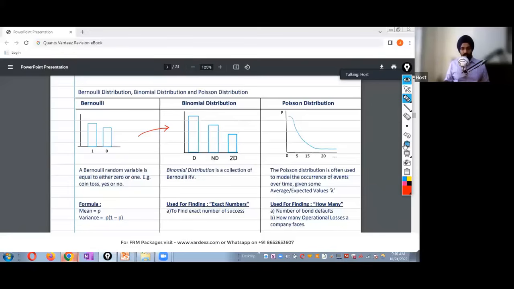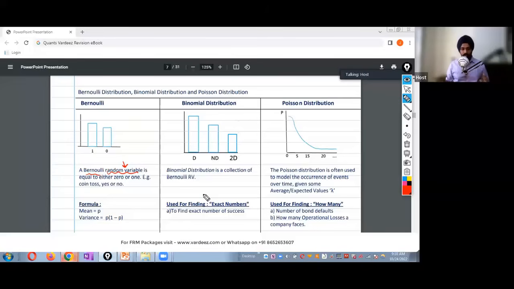So what is a Bernoulli random variable? A random variable will be classified as a Bernoulli random variable if it can only take two possible values. When you toss a coin, there are only two possible values, either heads or tails. So we can say that a coin toss is a Bernoulli random variable.